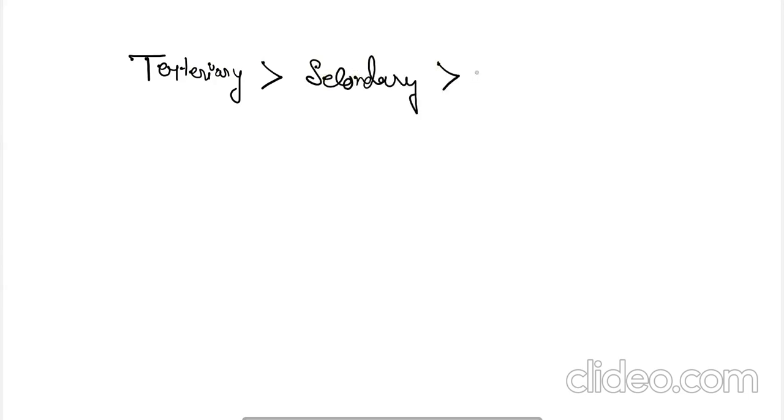Here we can see that tertiary alcohols dehydrate more easily as compared to secondary alcohols, and secondary alcohols dehydrate more easily as compared to primary alcohols. So the reactivity is more in the case of tertiary alcohols than secondary, and more in secondary than primary.